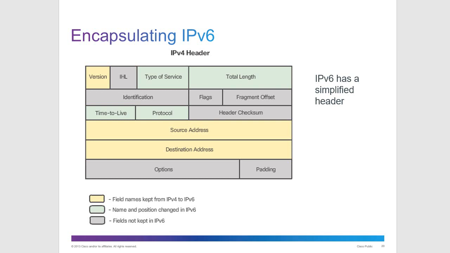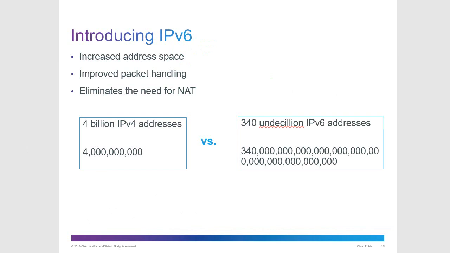Actually, before we take a look at this, let's go back up one level again and discuss these items here. So with IPv6, we just talked about the increased address space, improved packet handling. The IPv6 header is more simplified than the IPv4 header, so that's going to improve your packet handling.